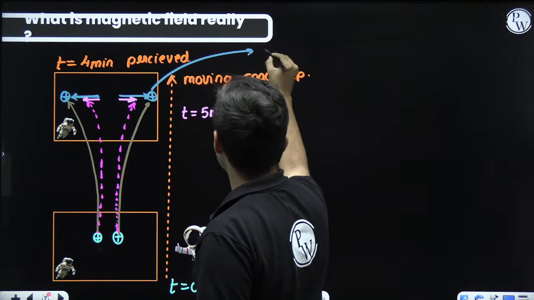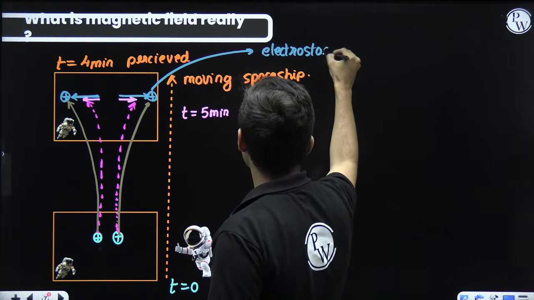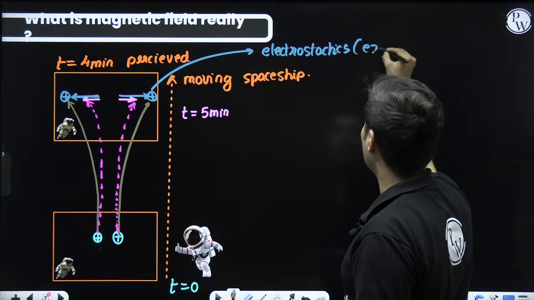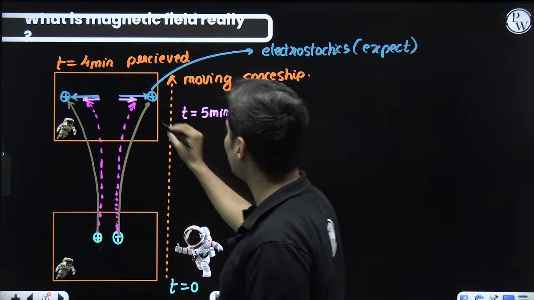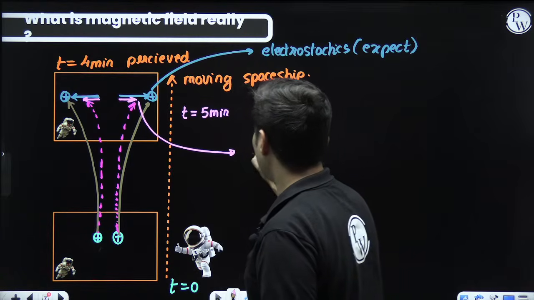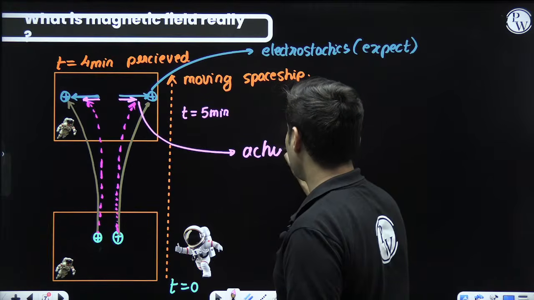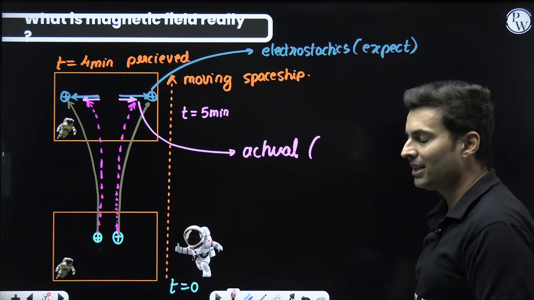This position you will get using the electrostatics concept, the electric field concept. This is what you would expect, but the reality, the actual position, is over here. So definitely electrostatics is not able to answer it.